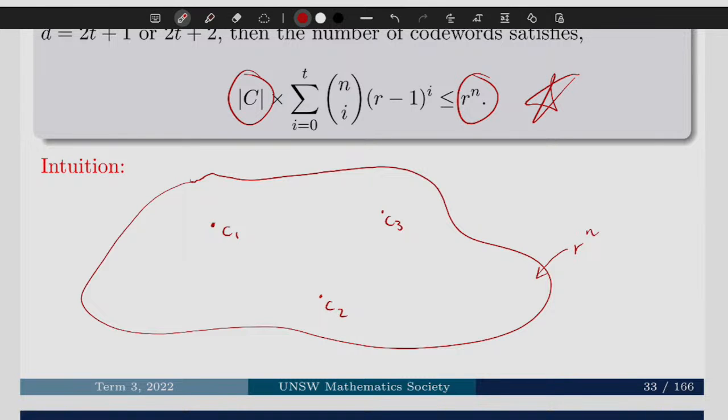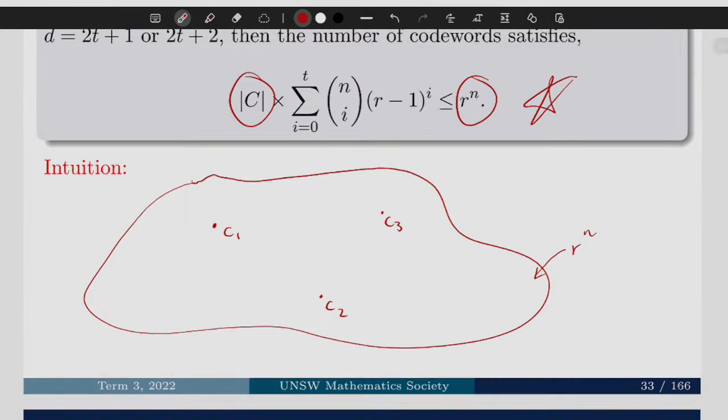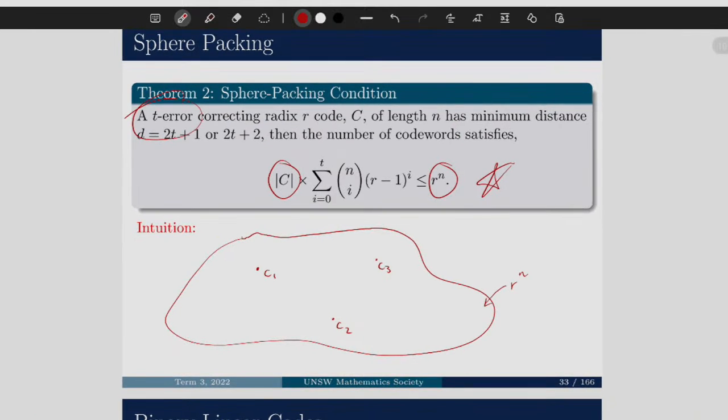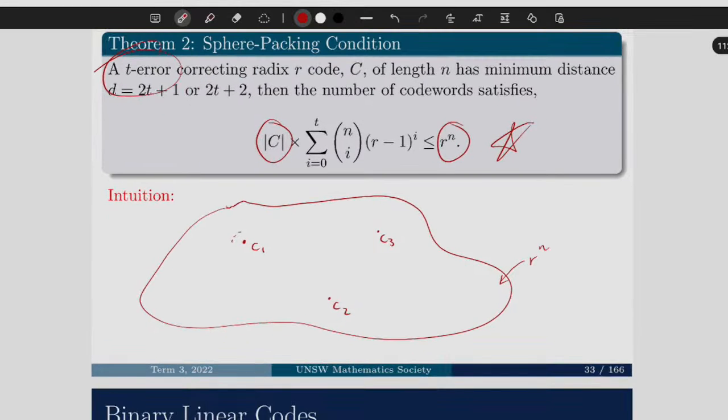But let's say I wanted to correct one error, where t is equal to 1, right? Well, then it causes a little space within this that I can correct up to, right? And naturally, this is going to be a circle because if it's one error, it's one radius, right?